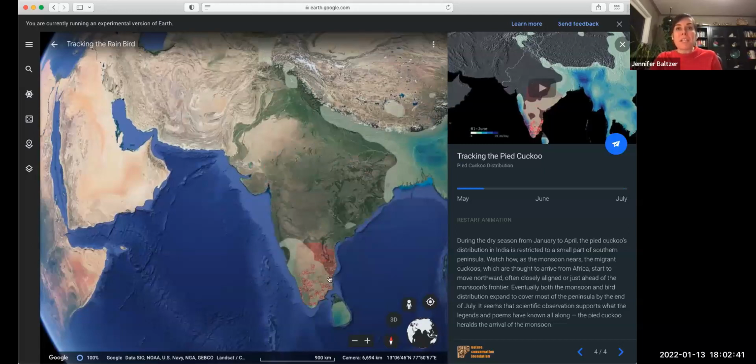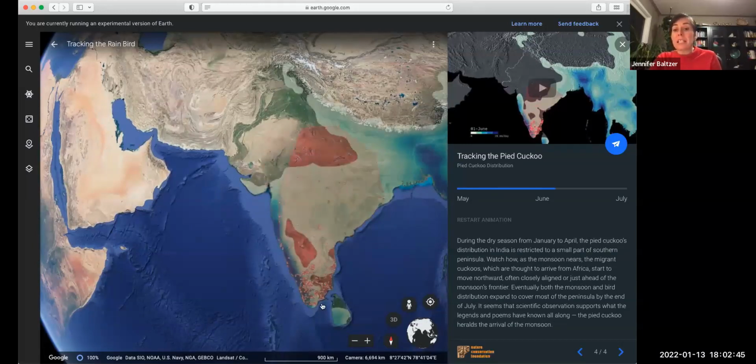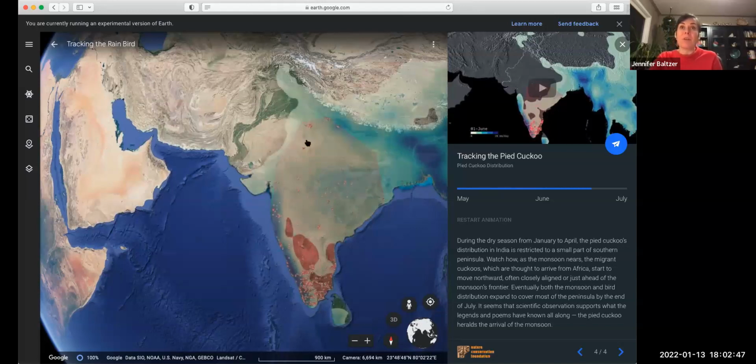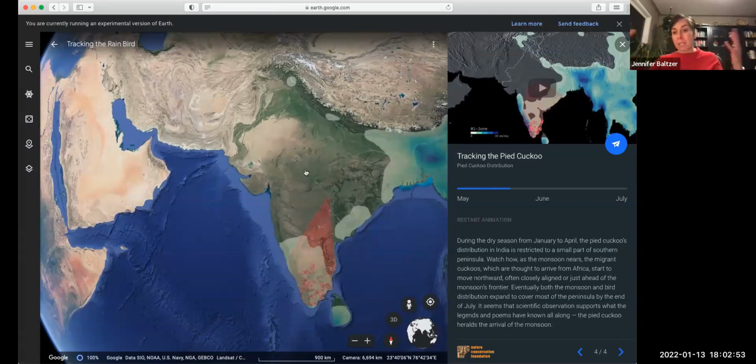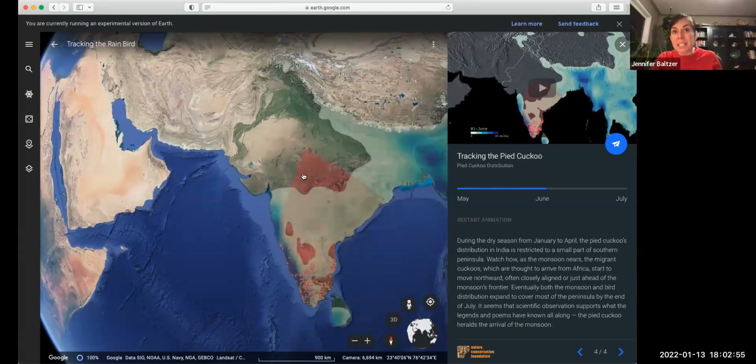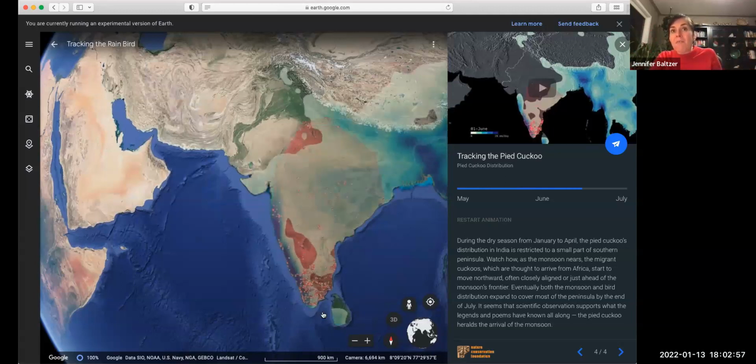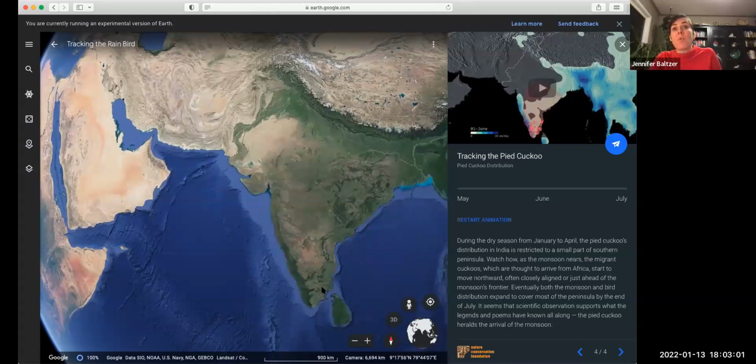They have collared animals that they monitor, where they are in the dry season and their movement in the wet season. You can see these birds expanding as this monsoon comes in and habitat becomes more available. They stay in the southern tip of India in the dry season, in the wettest part, and then they expand northward as the monsoonal rains come in.